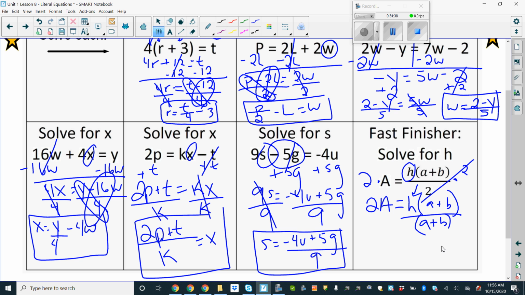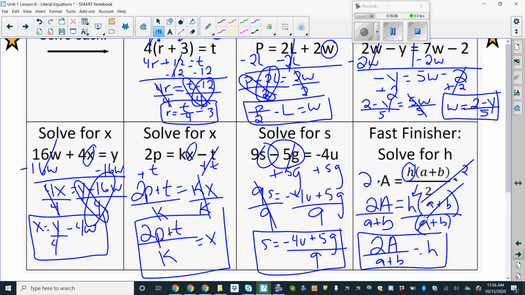So yes, there is a plus sign, but it's attached to this h by multiplication because we know parentheses means they're multiplying. So if we just divide by the whole a plus b, it cancels out that whole term, and we're left with 2A over (a plus b) equals h. And that would be our final answer for this question.